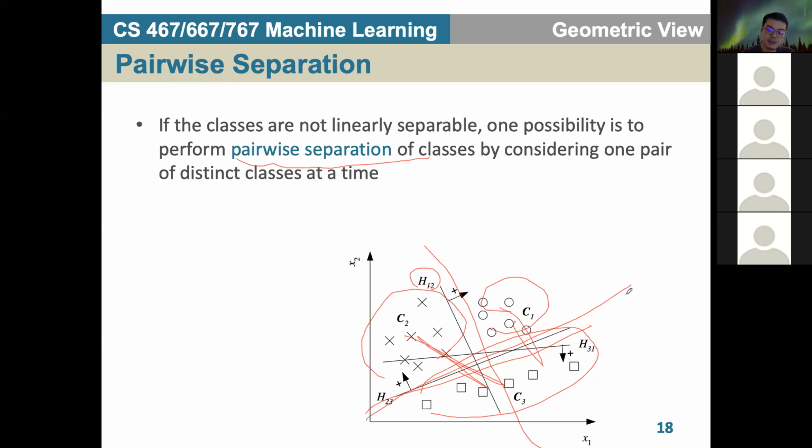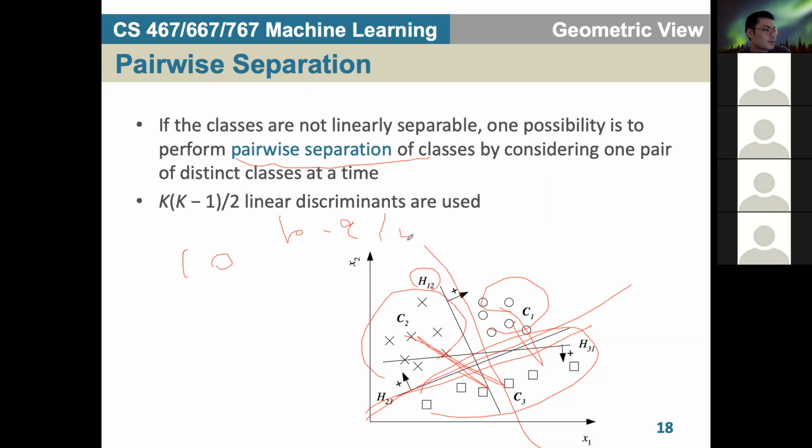This is called pairwise linear separability. This is actually easier to achieve, but it will be more expensive, because if you have 10 classes, it will be 10 times 9 over 2, which is 45. Instead of calling the discriminant function 10 times, you have to call it 45 times.